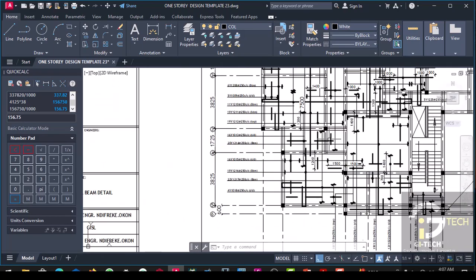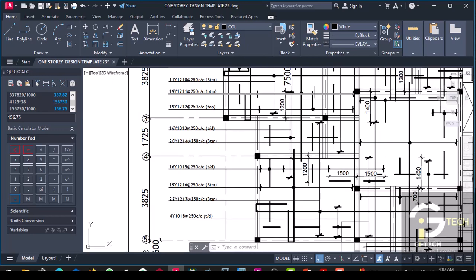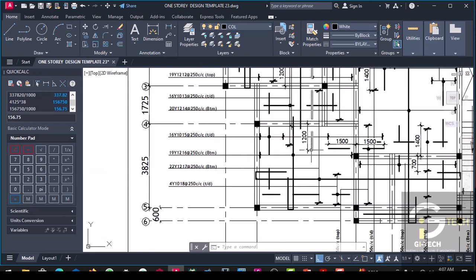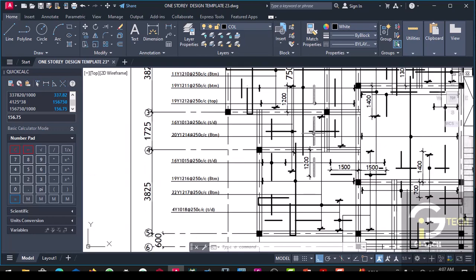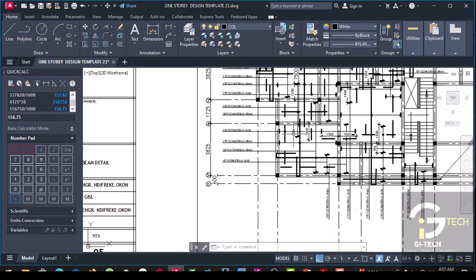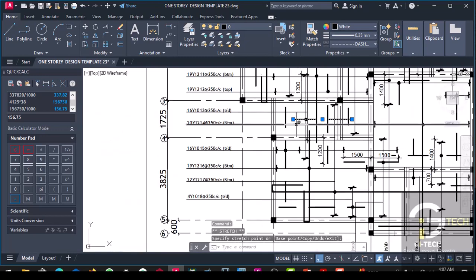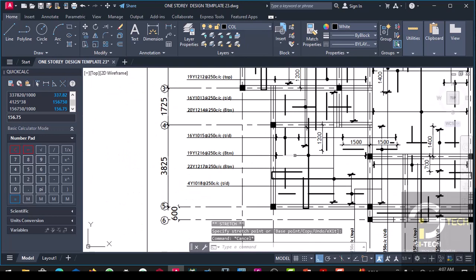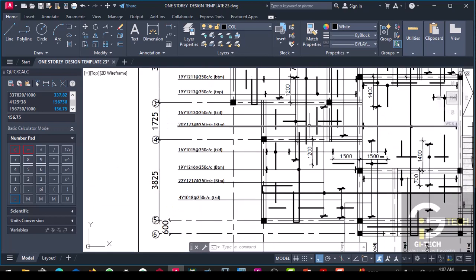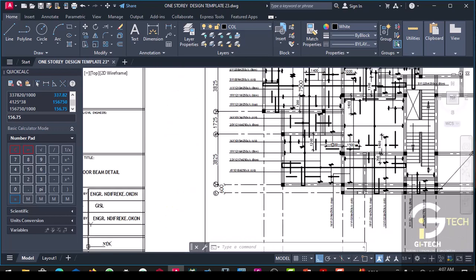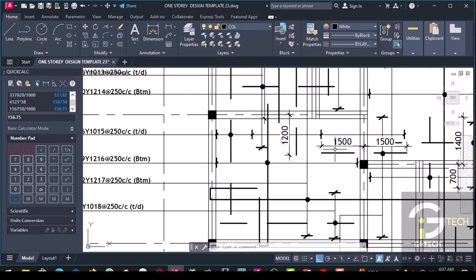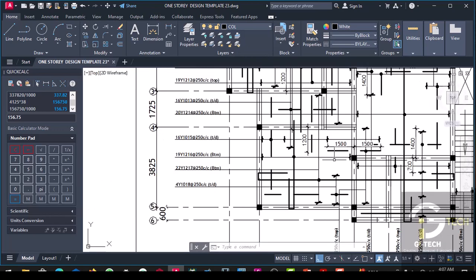Mind you, this is distributing this top reinforcement from here to here, and if you want to go by that calculation, because we have a distribution bar in this direction, let's assume that it is 1000 here. Then we have this one here to be 1500.